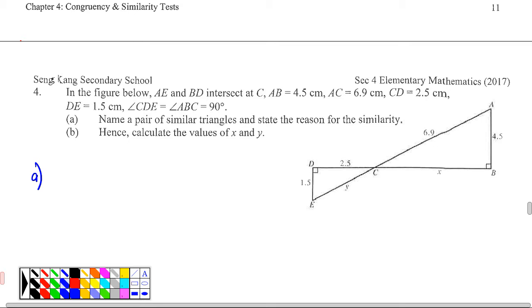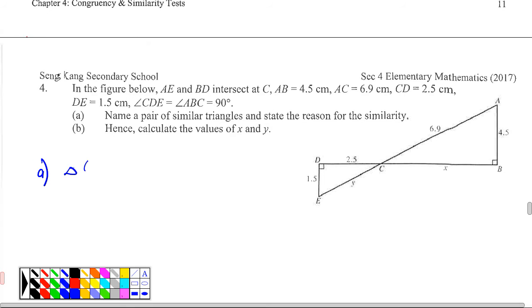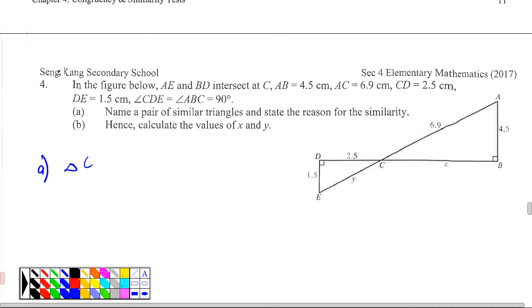Say name lah. Name a pair of similar means which triangle is similar to which triangle? CED and CAB. Name a pair means got 4 triangles. A pair of triangles, right?